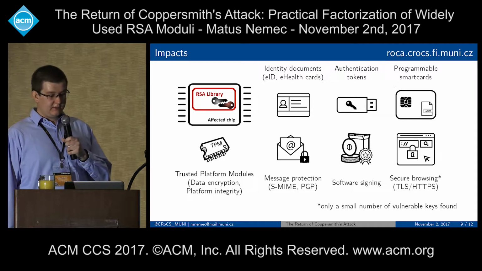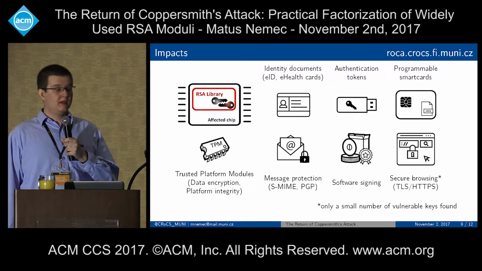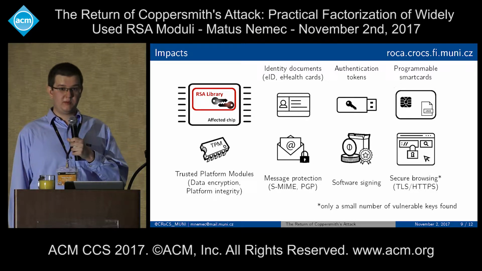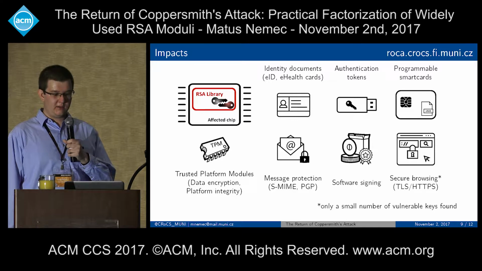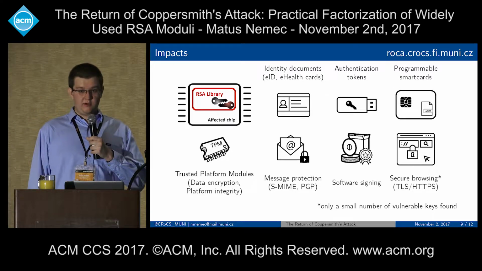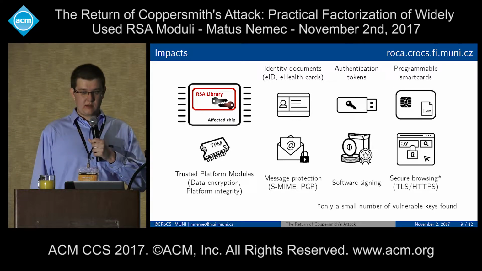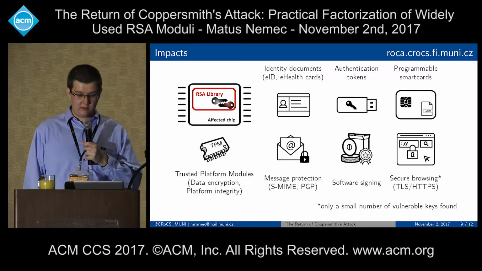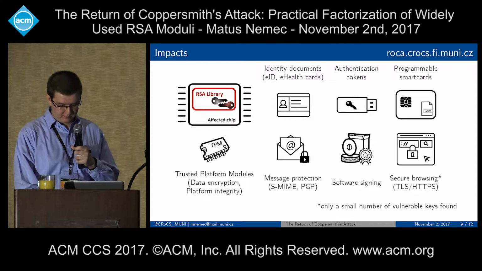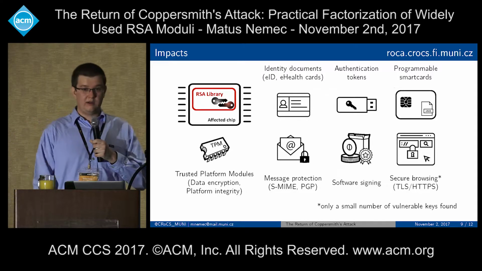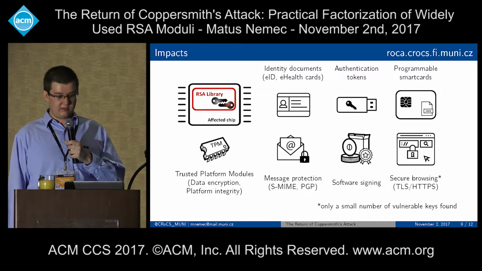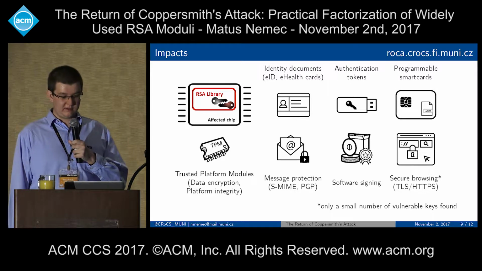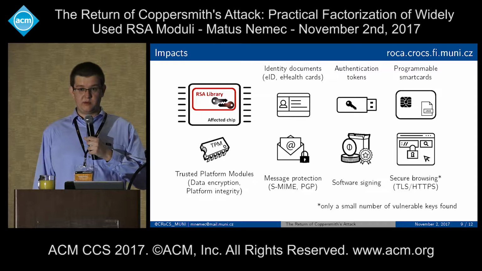These chips are also used in authentication tokens, and these are not always made just by Infineon, but can be sold under other labels. If these tokens use RSA for challenge response authentication, they may be affected. Another problematic domain for this problem is software signing, both in the signing of software releases and for commit signing.